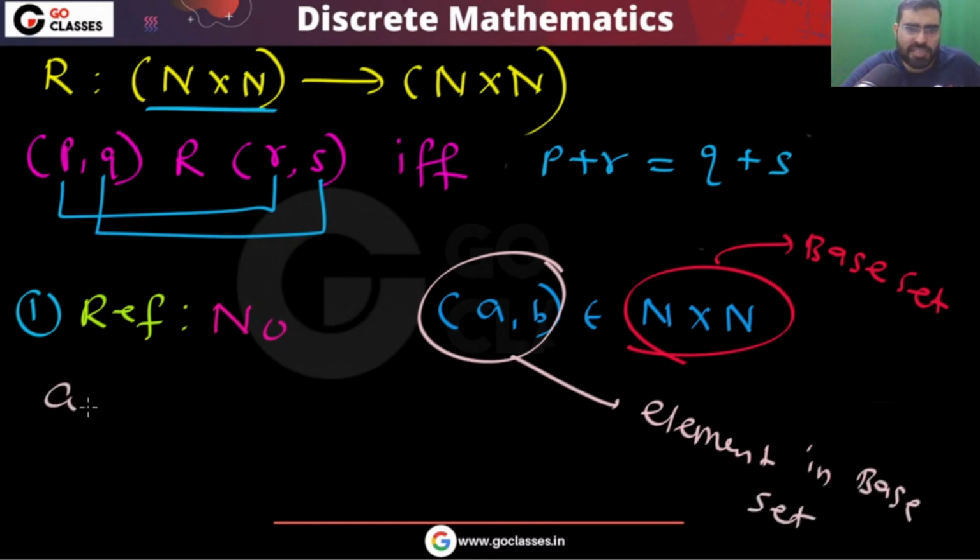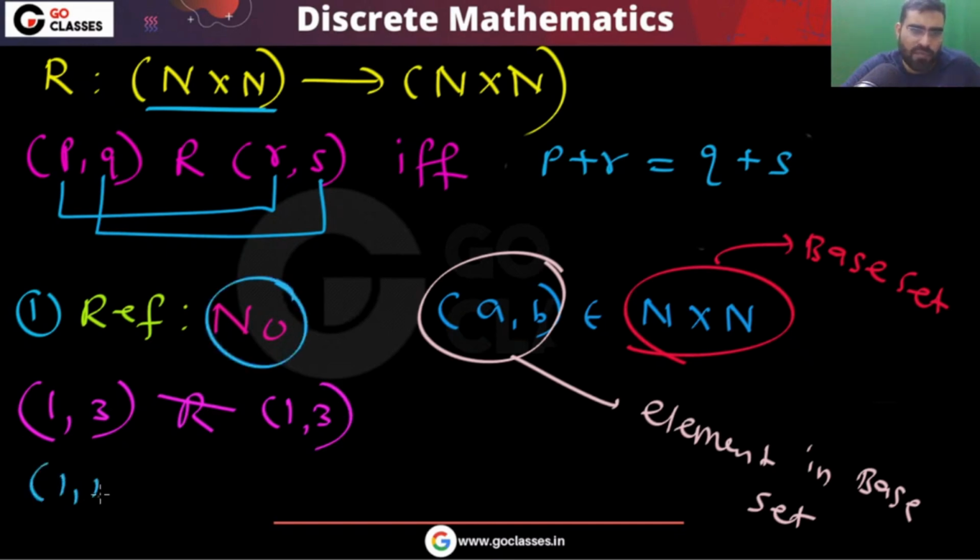So you can easily see that (a, b) may or may not be related to (a, b), right? May or may not. For example, you can see that (1,3) is not related to (1,3). Okay, so this is not reflexive.